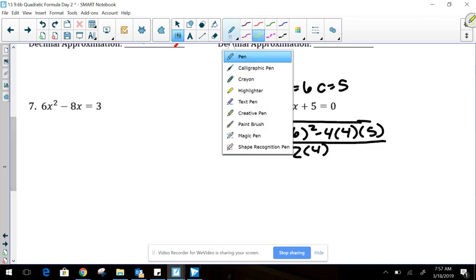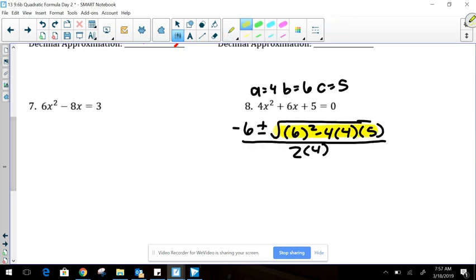Okay, plug that part into your calculator. Oops, sorry. Okay, so once you plug in your calculator, so 6 squared minus 4 times 5, make sure you can do that. You're going to get negative 44.